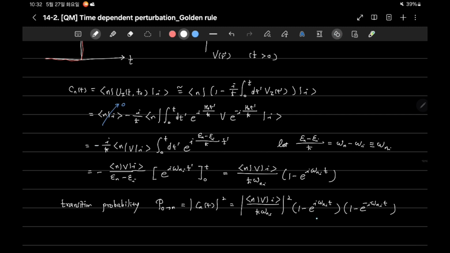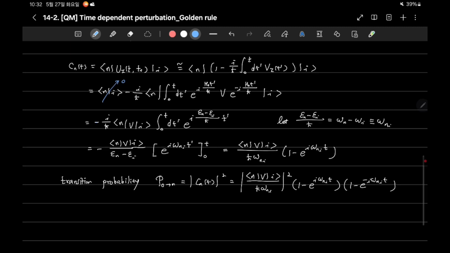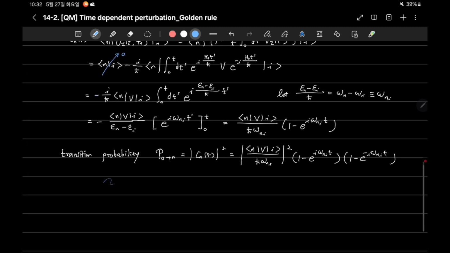So let's calculate this term. Then it is 1 minus exponential i zeta times 1 minus exponential minus i zeta. Then 1 and 1 becomes 2 minus exponential i zeta plus exponential minus i zeta.